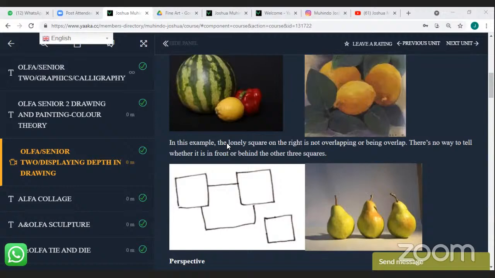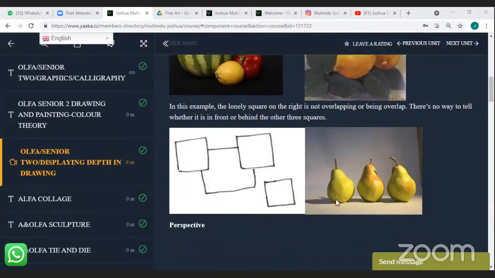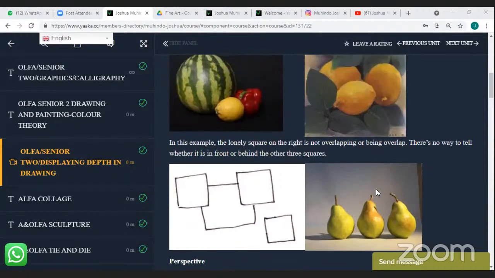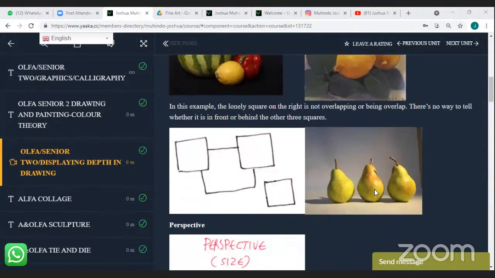Sorry, basically you can see that these pears are not overlapped, and rarely will a teacher bring up this composition for you to draw, unless based on what you're trying to show.